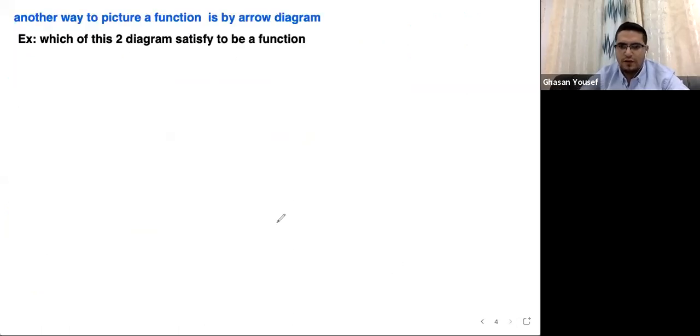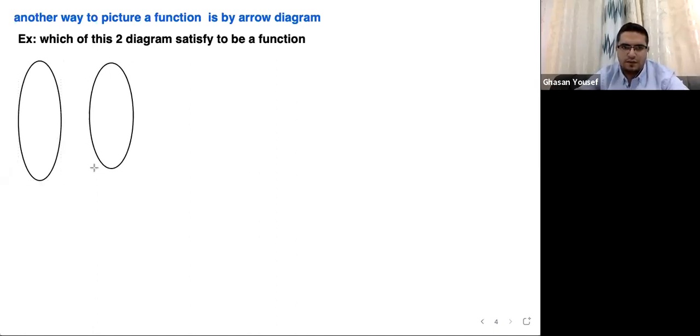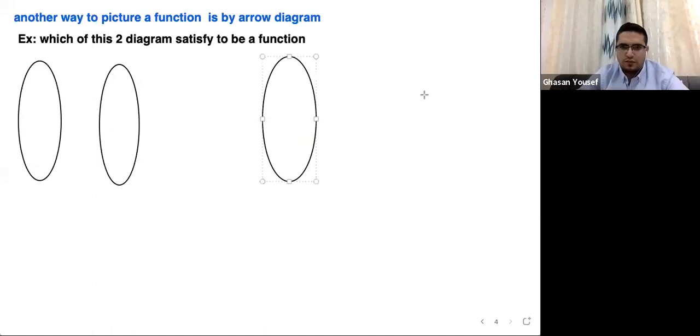Okay, now, which of these two diagrams? I'm going to give you two diagrams. Here is the first one, and here's the second one. Which of these two diagrams represent or satisfy to be a function?